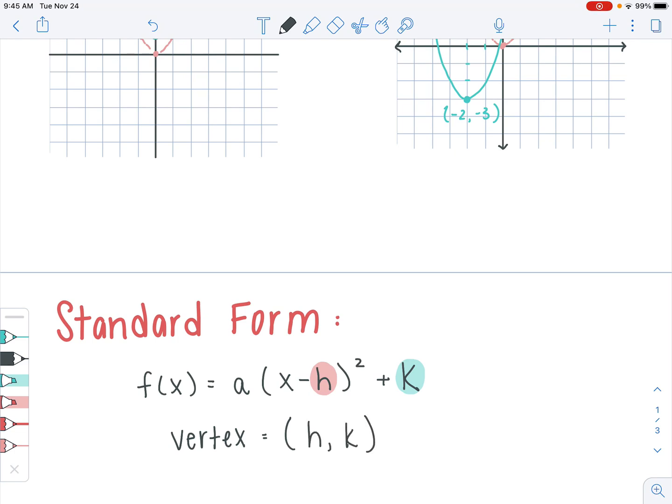So if you forget about transformations, which would make me really sad, but if that did happen, you could just pick out the vertex from the equation by picking out your h value and your k value, plot your vertex, and then go from there.